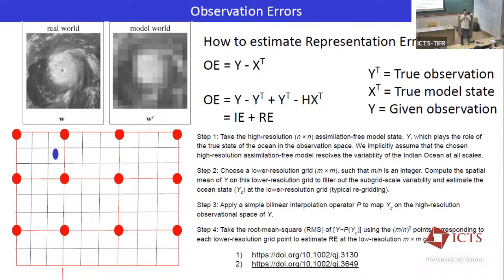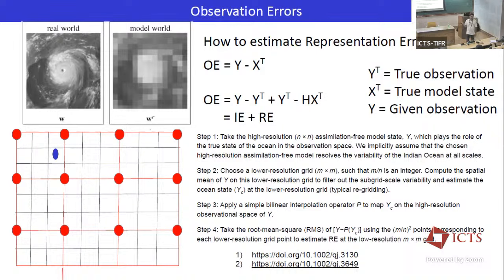From this high resolution estimate, I am going to evaluate at these low resolution mesh points. I can do that, essentially regridding or averaging. Next, from this low resolution, I will use a simple bilinear interpolation operator to come back to this. So I had an original value at these grid points, and then I have a reconstructed value at these grid points.